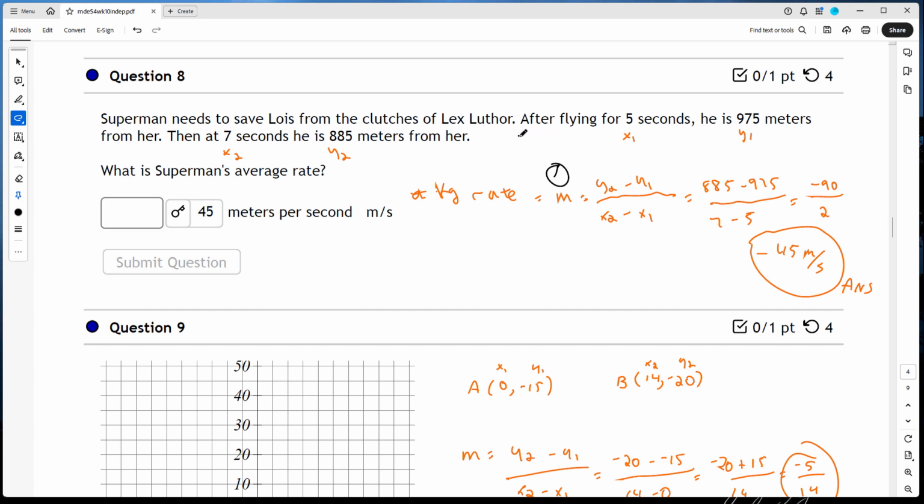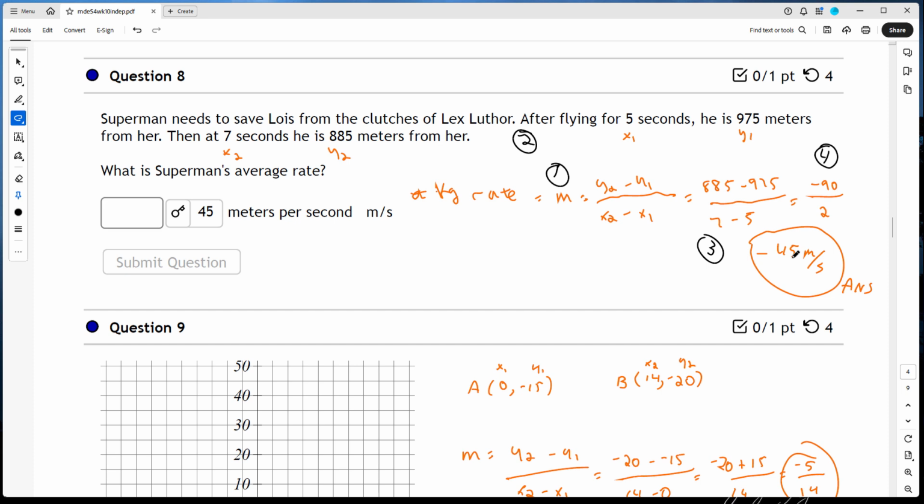Second thing I did was assign values to my variables in the formula. The third thing here is you plug into your formula. And the fourth thing here is you simplify it. And your final answer in this case is, what is the average rate?